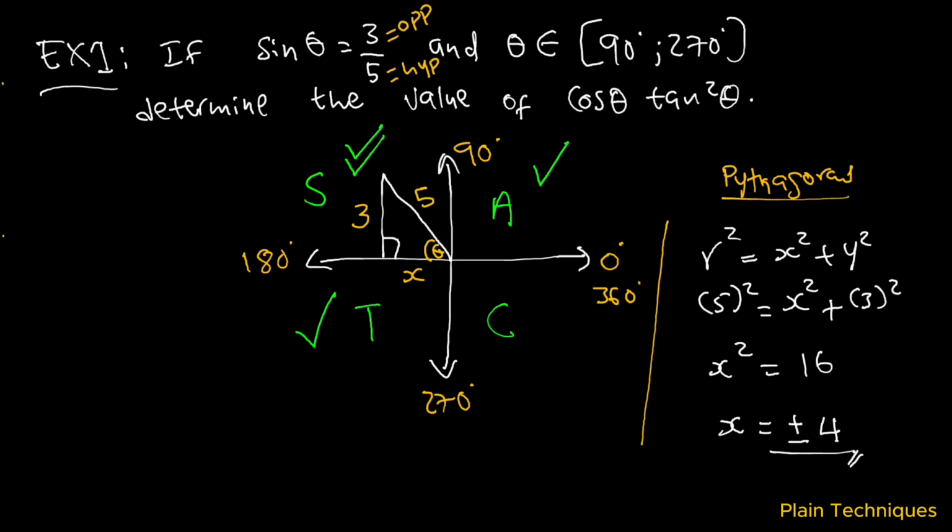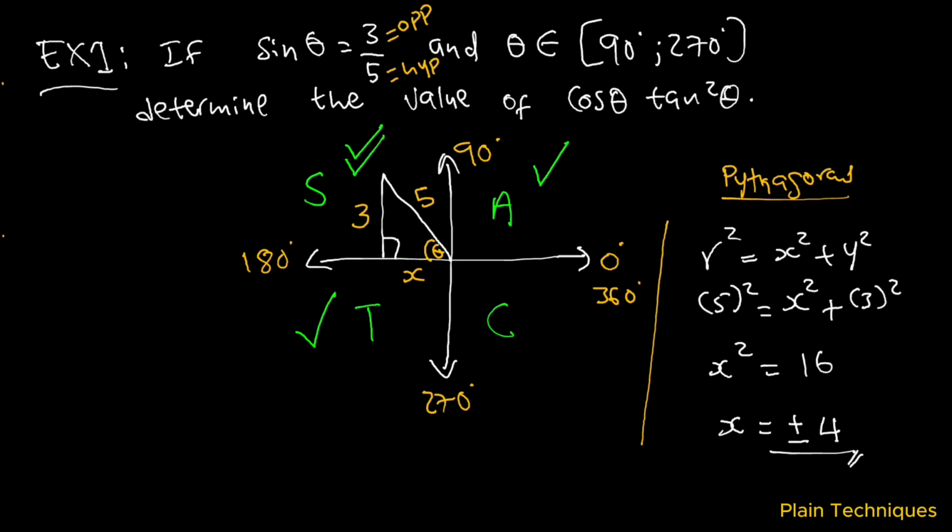Now, x is plus minus 4, right? But the final value of x, look at this. This is on the second quadrant, right? And its x must be a negative value because this is the positive side of the horizontal line, the x-axis, and this side is the negative, right?